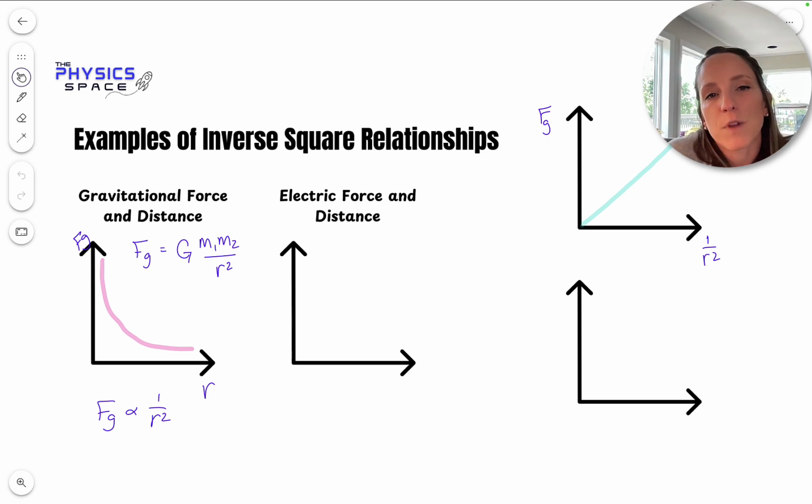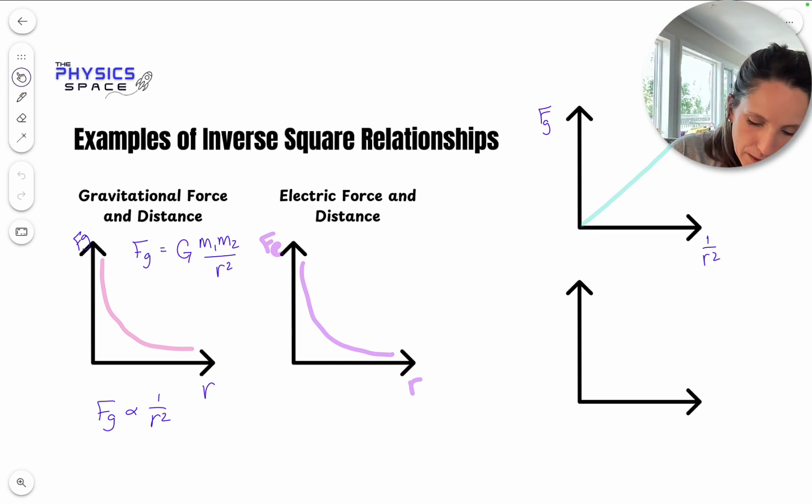Again, like electric force and distance is another relationship between a field force and distance. So we have the same thing. So if you were to graph the electric field force and distance, we're going to get that inverse square graph. We have an equation that validates that for us.